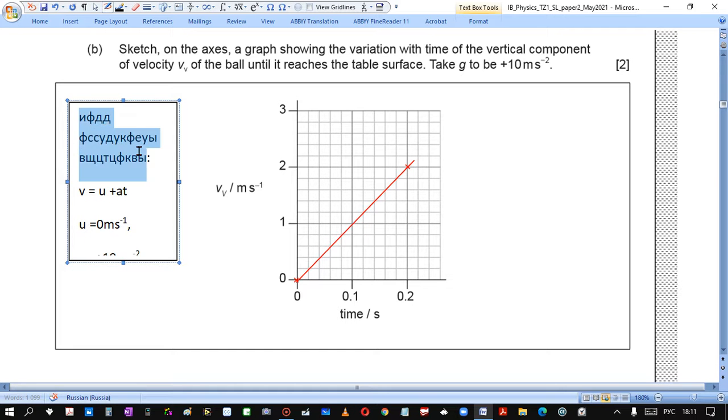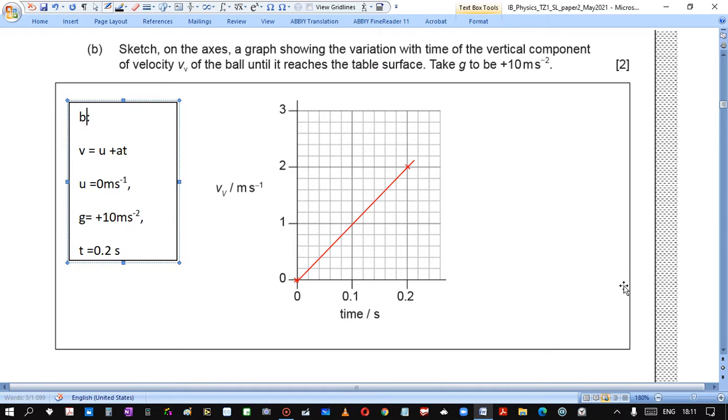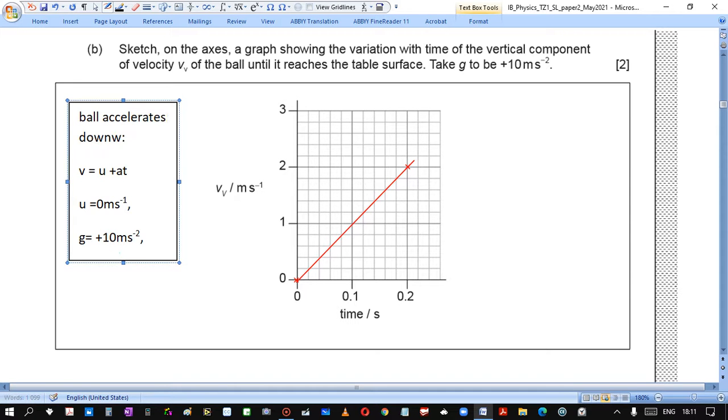Just a moment, I'll change the keyboard. The ball accelerates downwards. So velocity will increase at rate a, so the formula is v equals u plus a t.